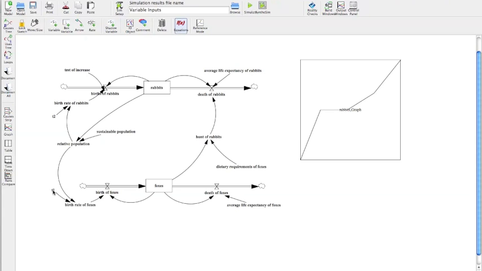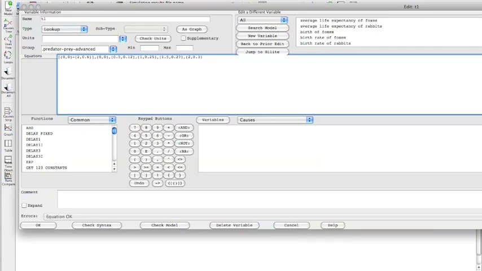So what you have here now is that the relative population drives the birth rate through this table. In this table, let's take a look at it now. It's the same format. You have a range here in brackets. So the table goes from 0 to 2 again in the relative population. So we're assuming that the population of rabbits is always somewhere between 0 and twice the sustainable value of this 500 that we have there, but we can change that.